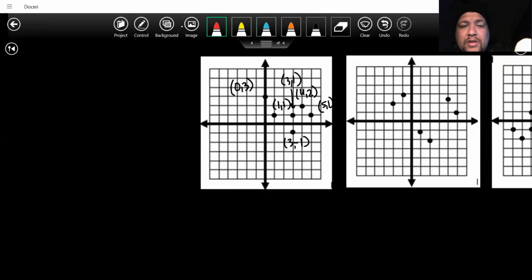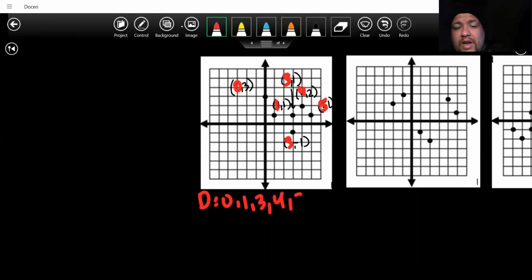It's basically 0, 1, 3, 4, 3, and 5 are your domain values that are represented by the x-coordinate point. So our domain for this is 0, 1, 3, 4, and 5. Again, I do not need to repeat 3 because it's already there.